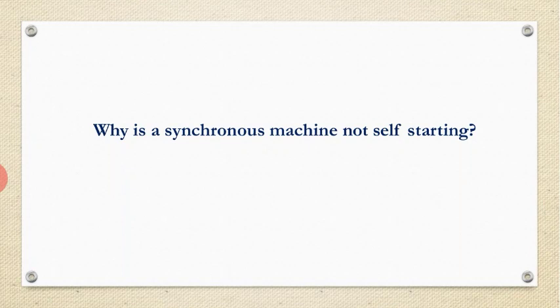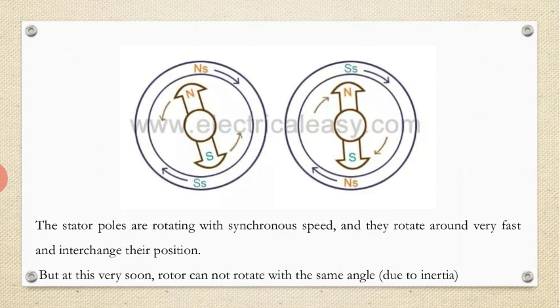Now the next bit I am going to discuss is why a synchronous machine is not self-starting. What happens if you look at this figure? When we excite the AC supply to the stator winding, the rotating magnetic field is created.